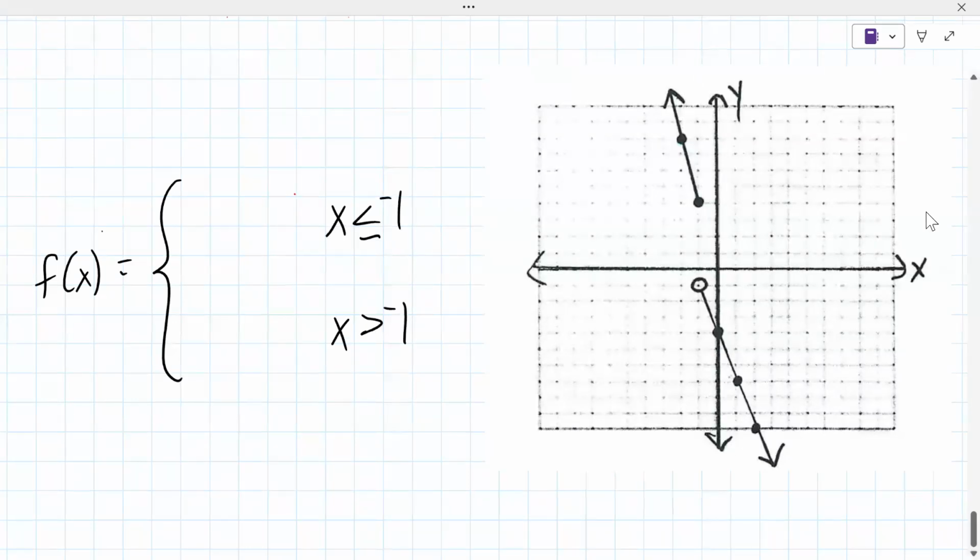Now you have to give me a word or words that describes what this is and what this is. How would you describe that to someone that didn't know anything about math?